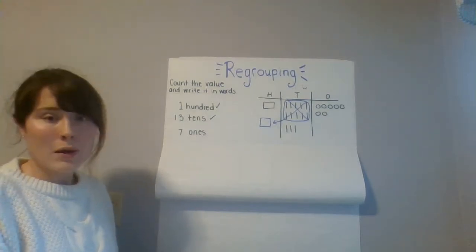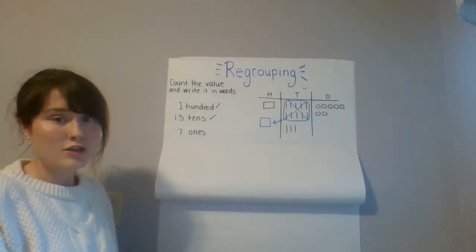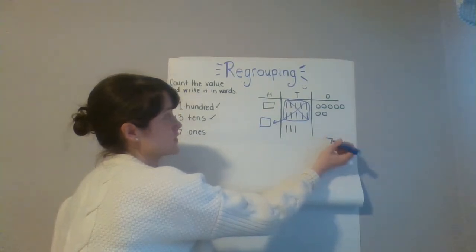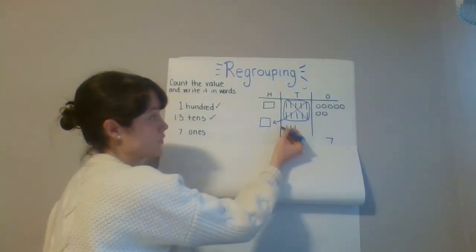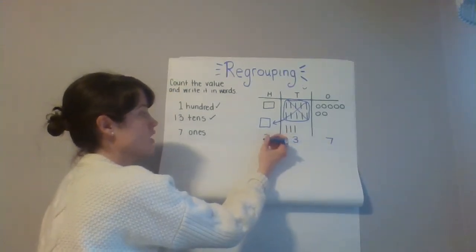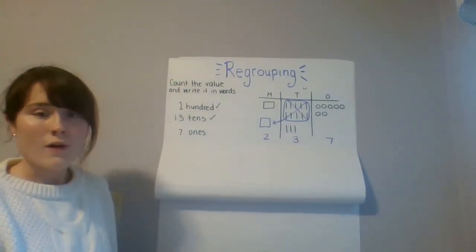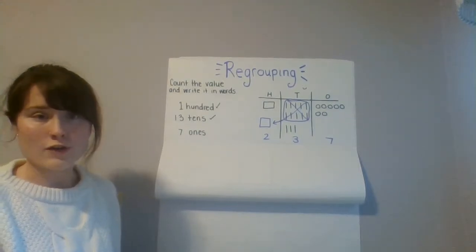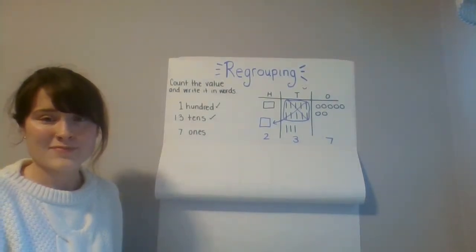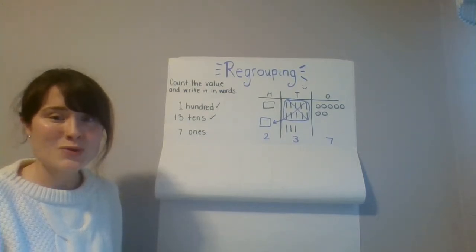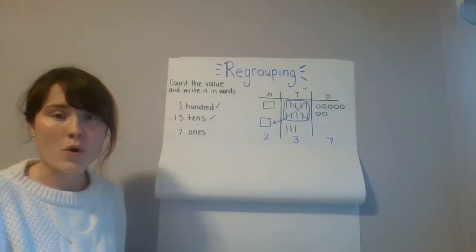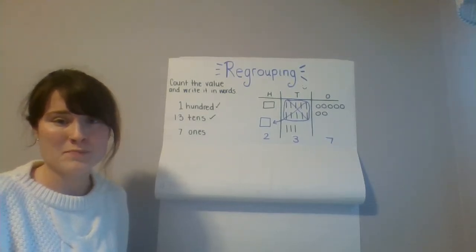Okay, it looks like now I'm ready to count up what's in each place value. So I have 7 ones. I only have 3 10 sticks and 2 hundreds blocks. Go ahead and read that number to yourself the first grade way. Great, that number is 237. Now write that in words on your paper.